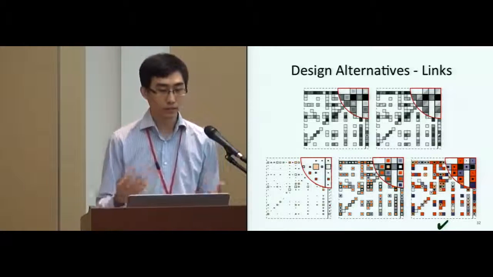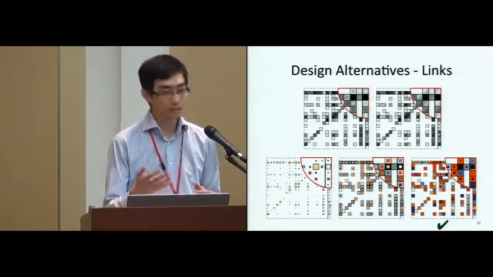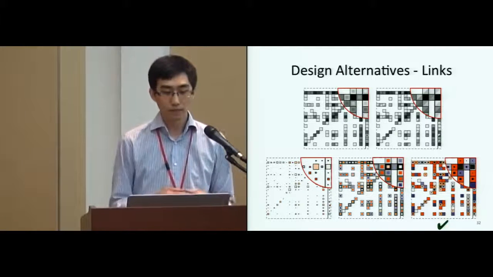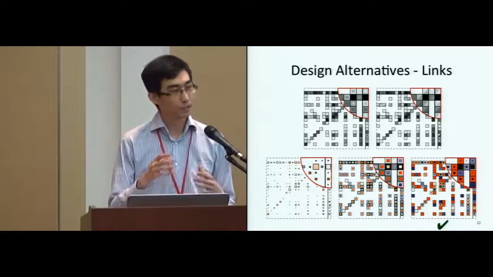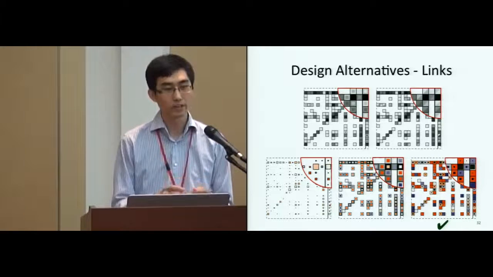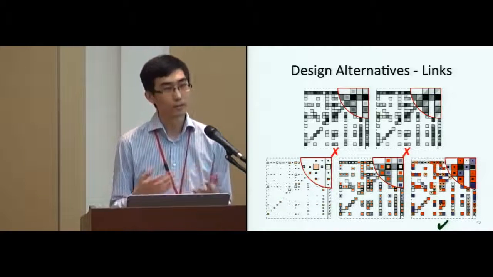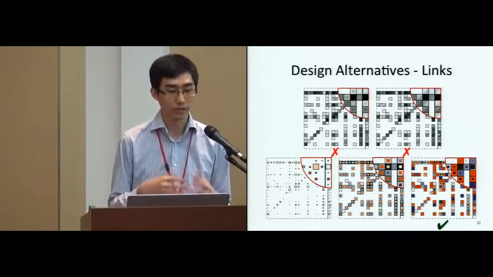Similarly, we tried different design alternatives for links. For the two approaches above, we break each matrix cell into two squares or two triangles and use color density to encode those two values. Again, it's not very salient for data comparison.